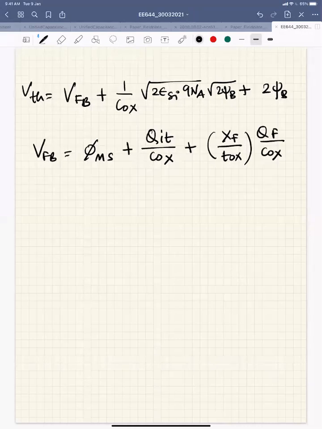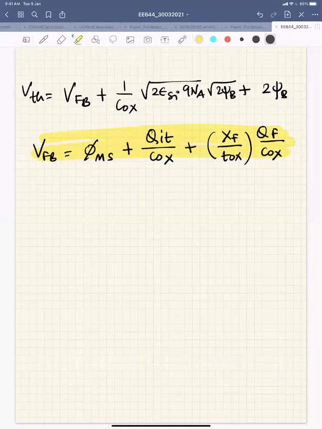Right? So this is called the flat band voltage. I need this voltage to make sure that your band structure is flat, meaning there is no electric field, right?